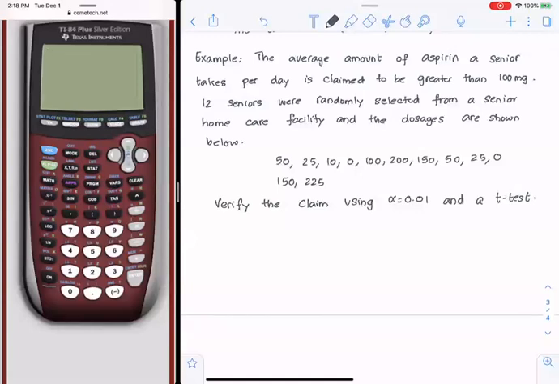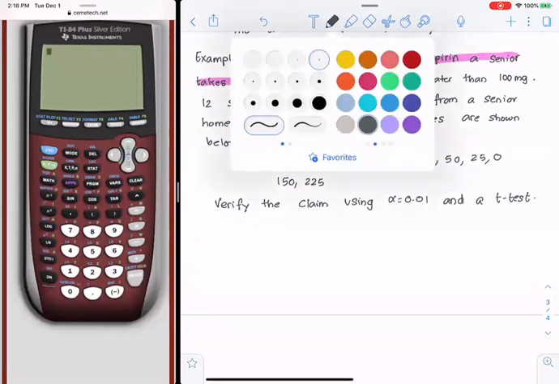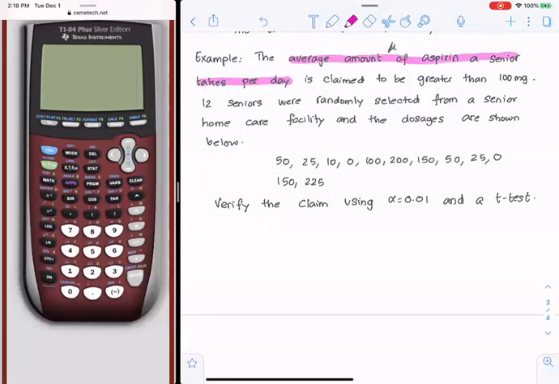So the average amount of aspirin a senior takes per day is claimed to be greater than 100 milligrams. So that would be mu. And mu is claimed to be greater than 100 milligrams. So using that, we can construct the hypothesis.